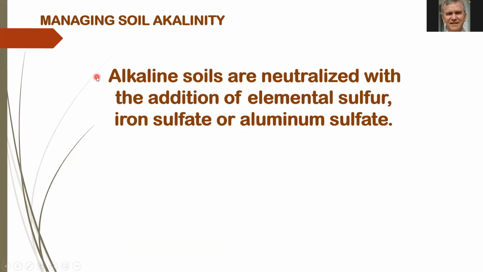Alkaline soils are neutralized with the addition of elemental sulfur, iron sulfate, or aluminum sulfate. And there are other acids that are often used to neutralize alkaline soils that's not mentioned here. One of them is phosphoric acid. Phosphoric acid is a source of the macro element phosphorus.